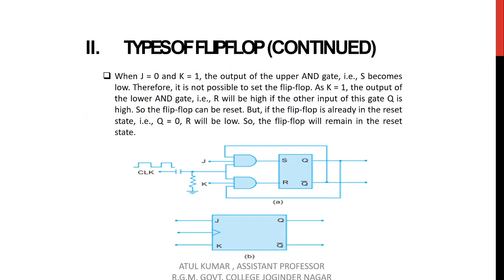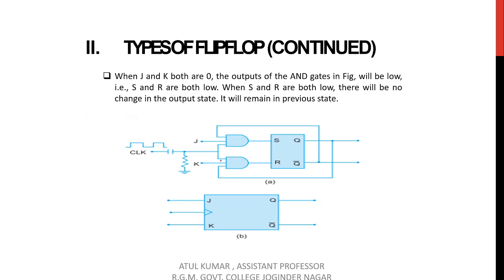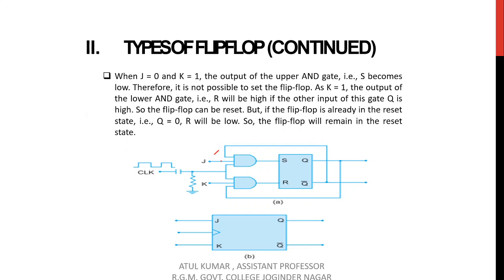Now consider the condition J equal to 0 and K equal to 1. In this case, the output of the first AND gate becomes 0 and the output of the second AND gate becomes 1.